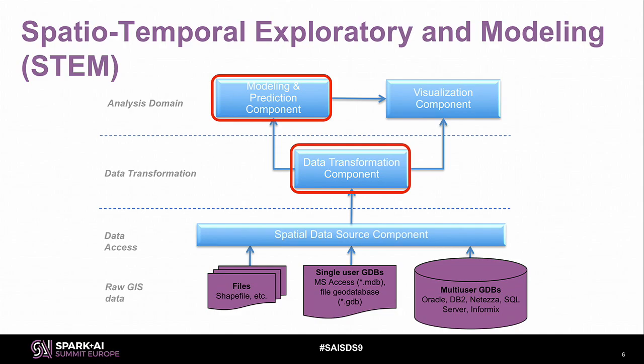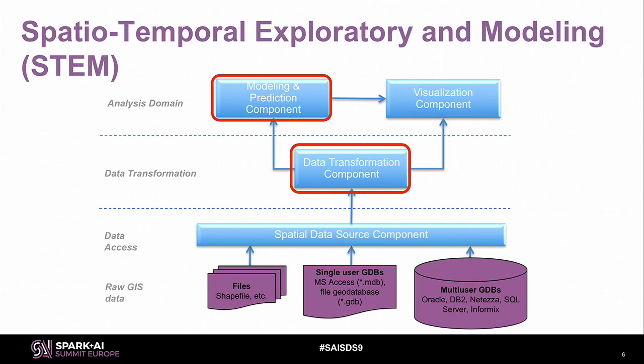You can see from the bottom to the top how the data are transformed into analytic and visualization results. For different kinds of data sources, the spatial data source component is in charge of accessing data stored in different formats, in different databases or different shape files.